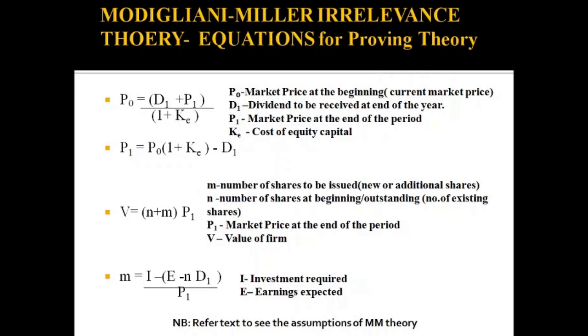P1 means the market price at the end of the period. And the last equation is M is equal to I minus E into I minus E minus N into D1 whole divided by P1. Here I means investment required and E means earnings expected.